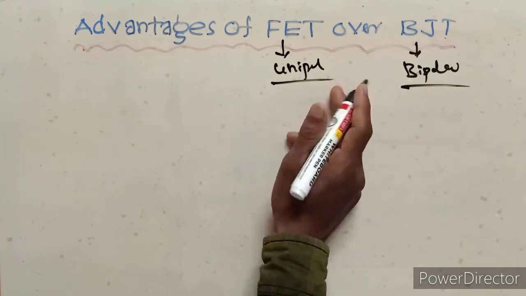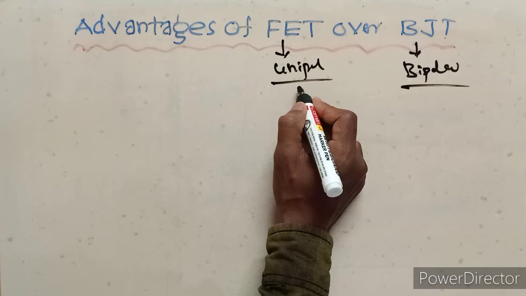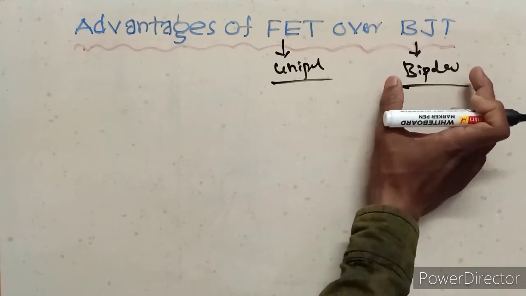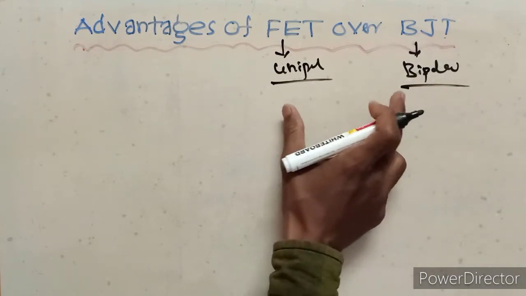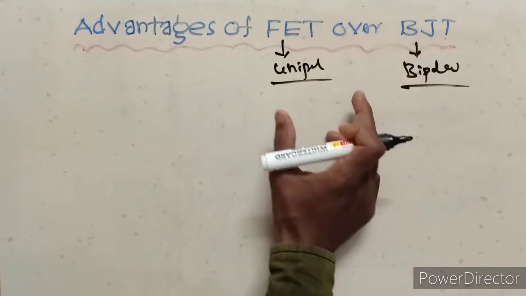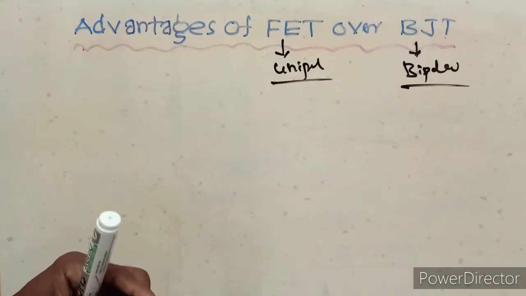Unipolar means the majority charge carriers are only negative or positive. Here there are two majority charge carriers. Mainly the difference between FET and BJT: this is the unipolar device, this is the bipolar device.